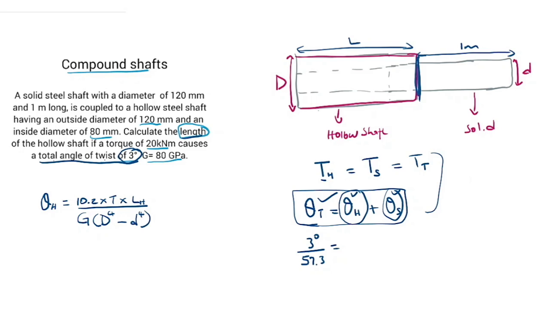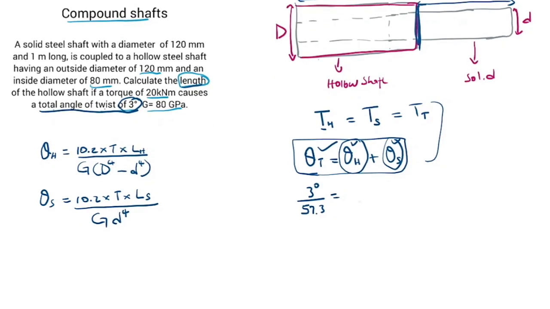That is the angle of twist for a hollow shaft. Then the angle of twist for a solid shaft is 10.2 times torque times the length for the solid shaft, divided by the modulus of rigidity times the diameter to the power 4.